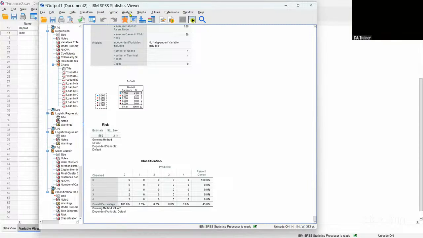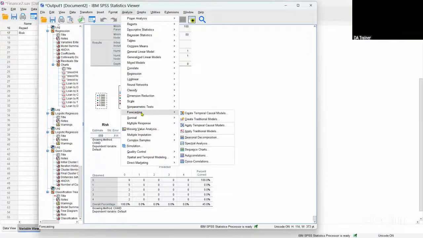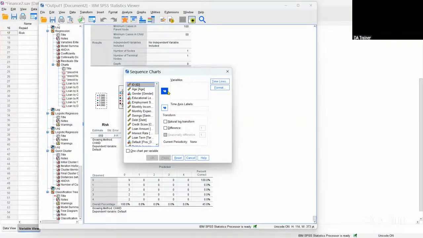Let me just look at time series here. Do we have any time information?